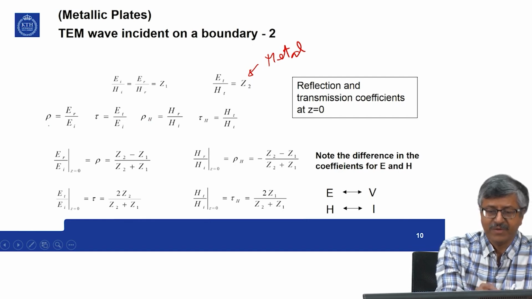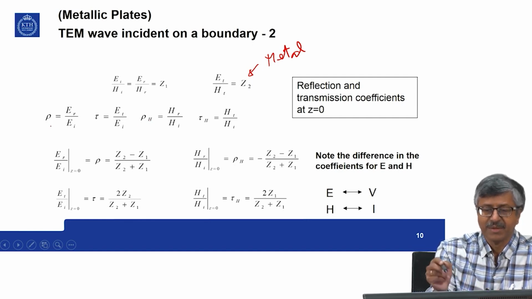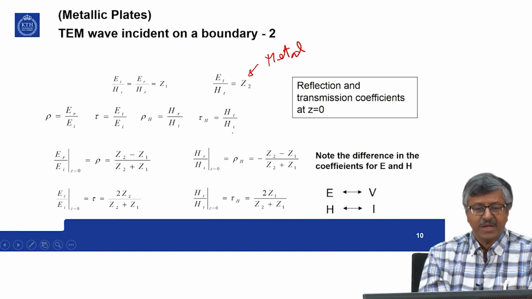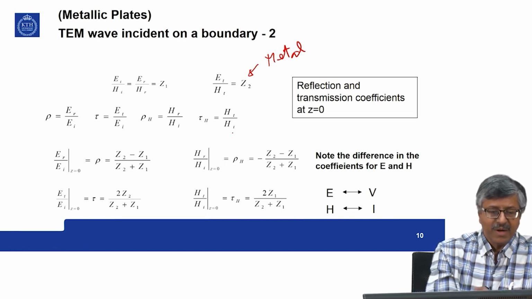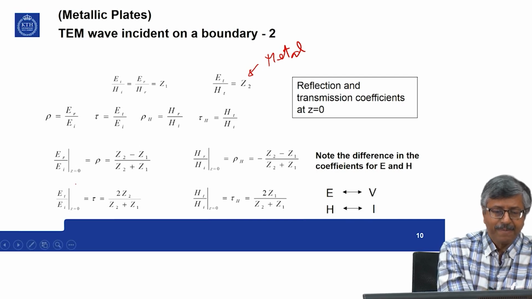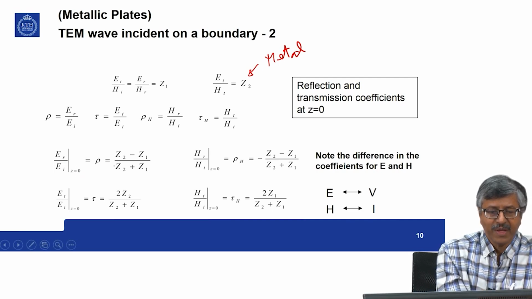For electric field we do not use any subscript. So, reflected versus incident, and for transmission transmitted versus incident. So, this at the very boundary, ER by EI at z equal to 0, that is the reflection coefficient.